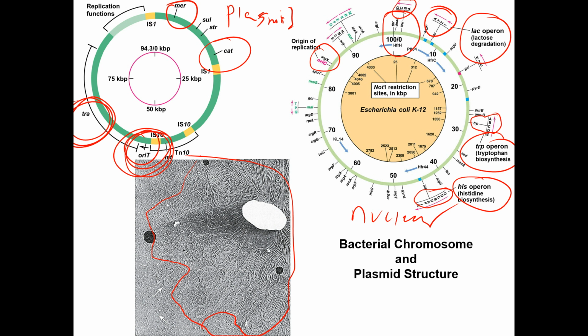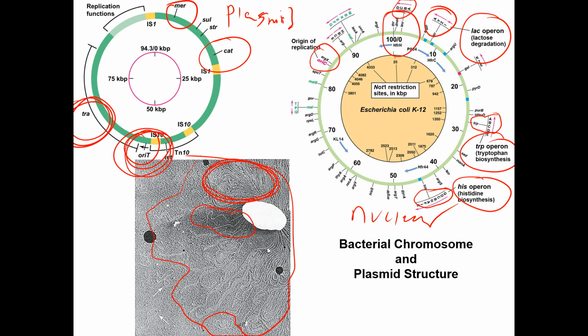All these little squiggly lines, this is showing you the bacterial chromosome. Earlier I was talking about supercoiled and open circular or relaxed DNA. You'll notice this segment of the chromosome is highly supercoiled. This segment is relaxed.